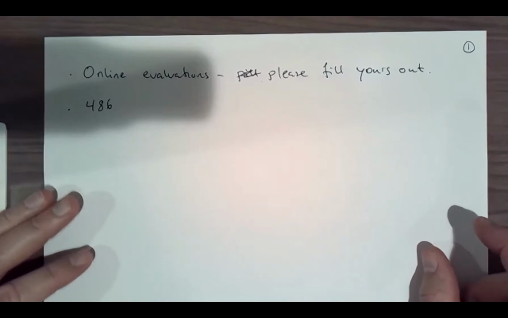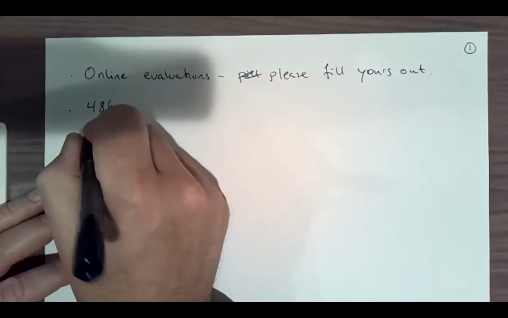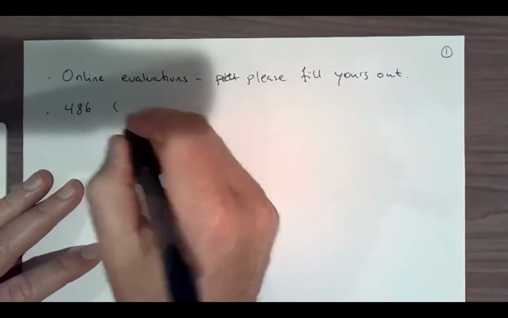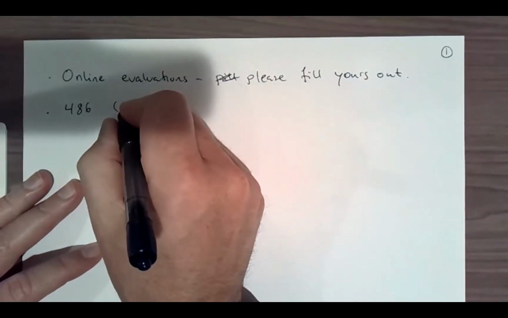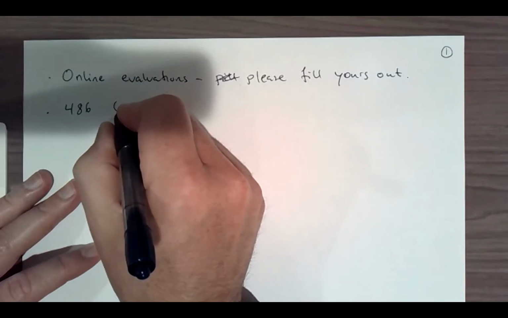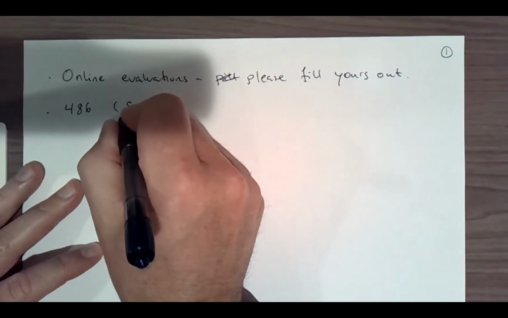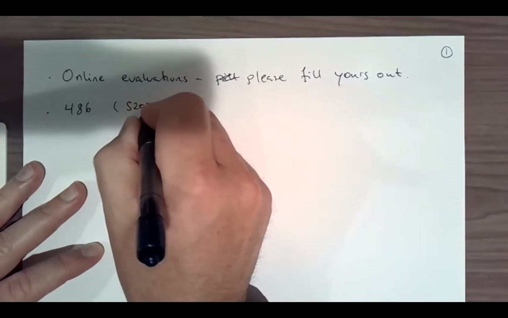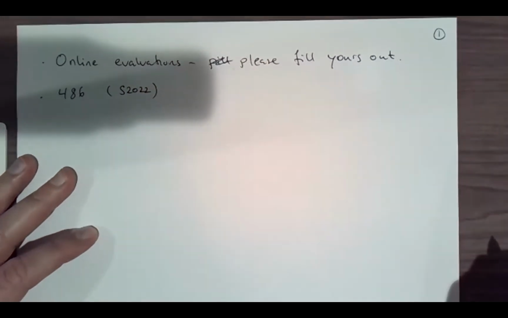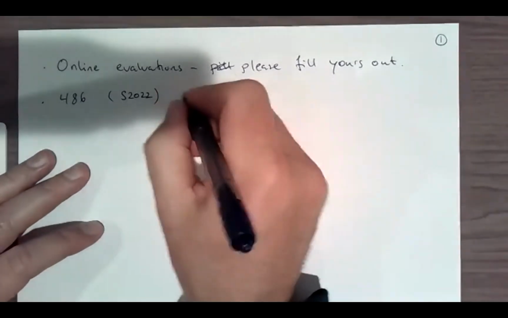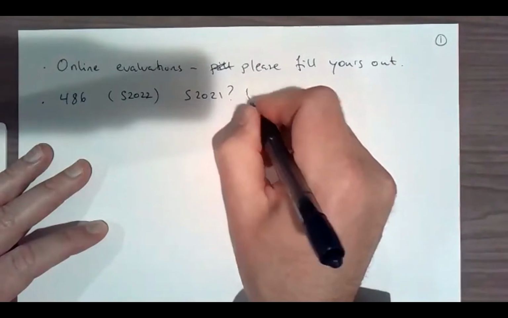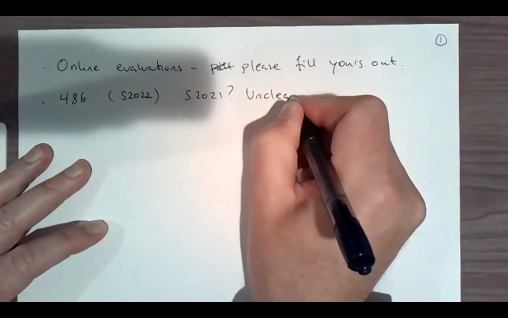This would be for future editions. I am not sure when it's going to run, but tentatively the goal is to have it run not this spring, but the spring of 2022. I don't know about the spring of 2021. This is unclear.